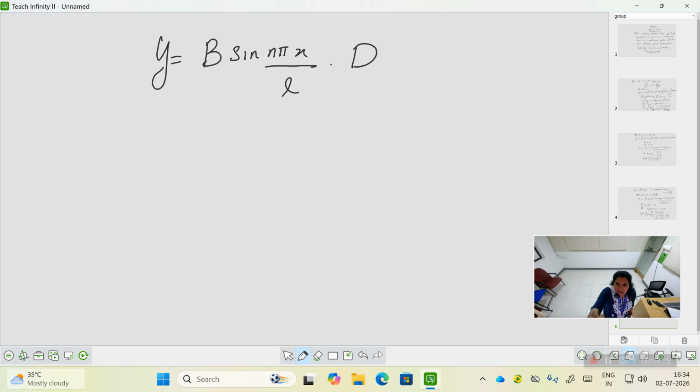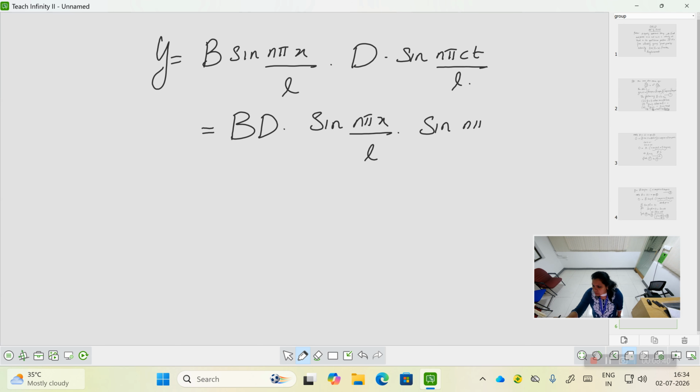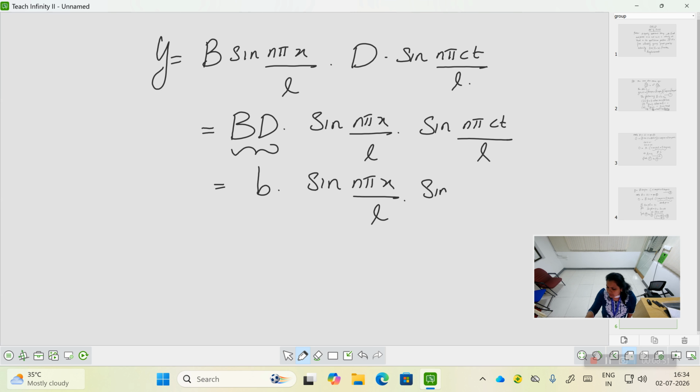So we are getting d sin n pi ct by L. So bring the constants together: b d sin n pi x by L, sin n pi ct by L. Bring all the constants together. These two constants you take as small b. Sin n pi x by L, sin n pi ct by L.